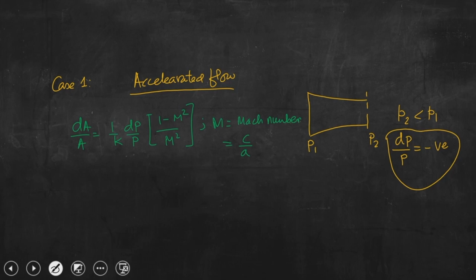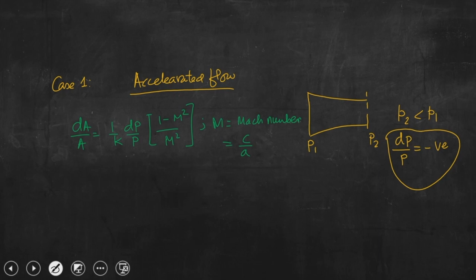What we have understood is, if the flow is accelerated flow, dP by P is negative. K is the index of expansion for the isentropic process. Now, the role would be played by the Mach number. So, I am discussing sub cases.